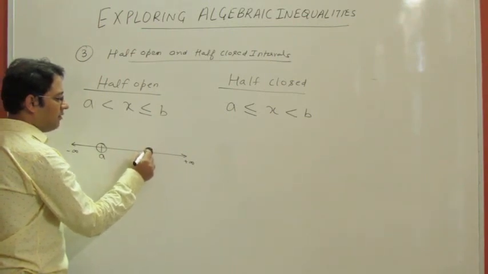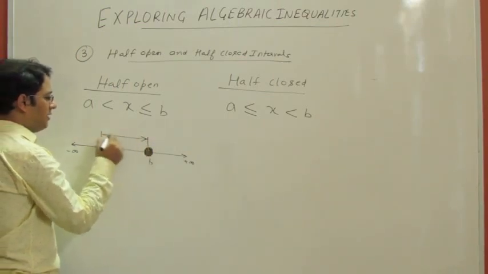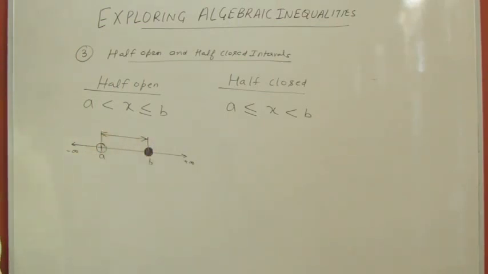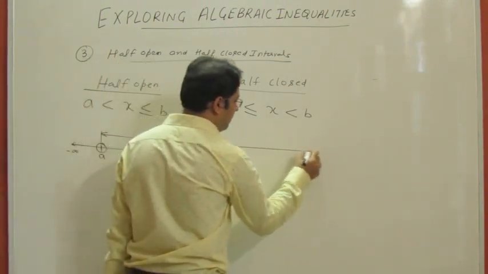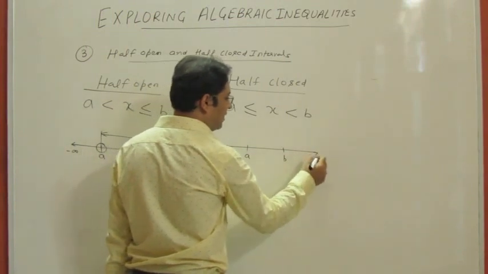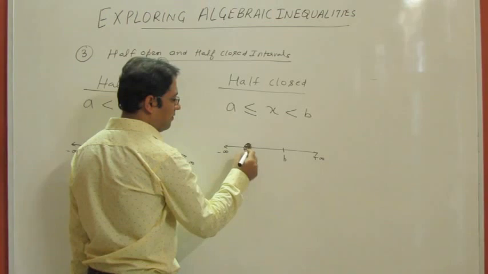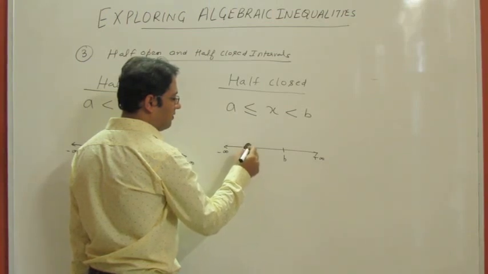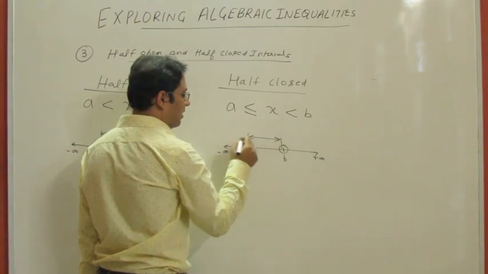It can be equal to the value b, and simultaneously all the values between a and b. Similarly, in case of this one, we have a and b, minus infinity, plus infinity. Now here x can have the value a but not b, and all the values in between a and b.